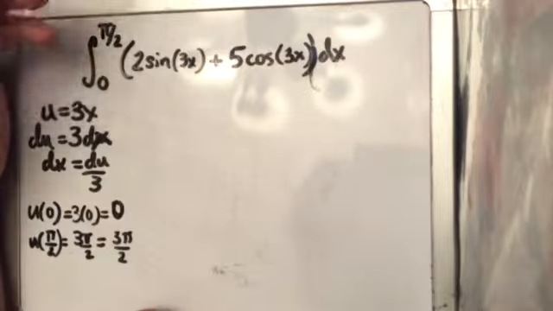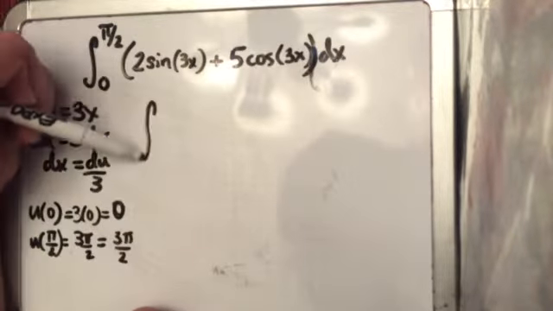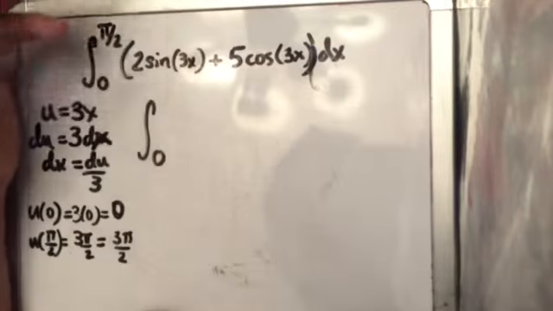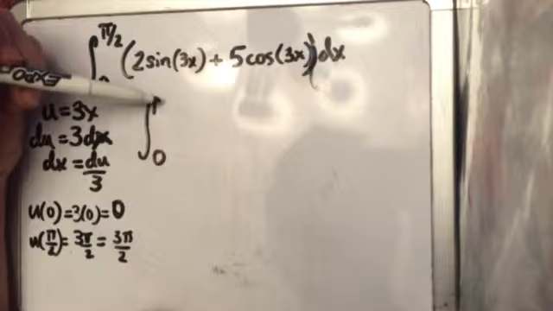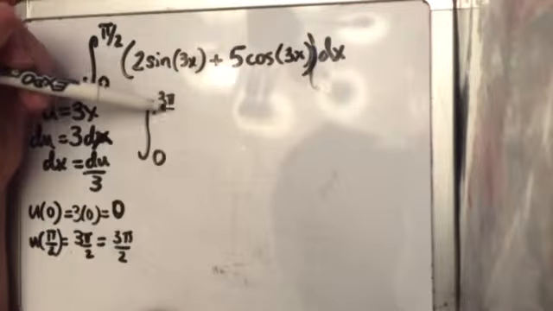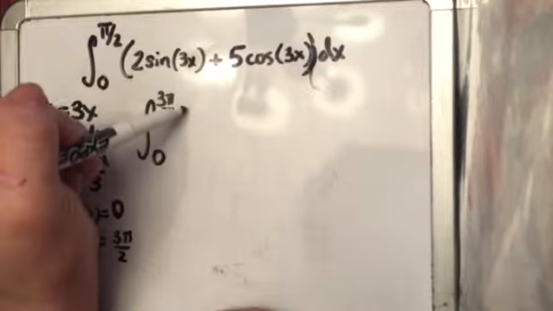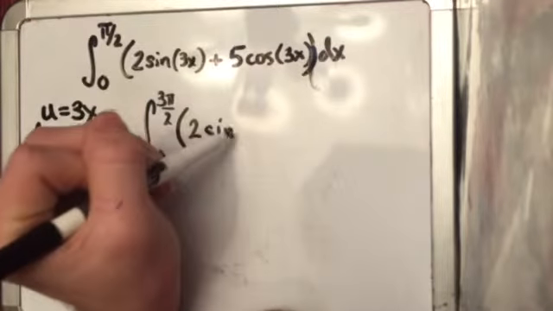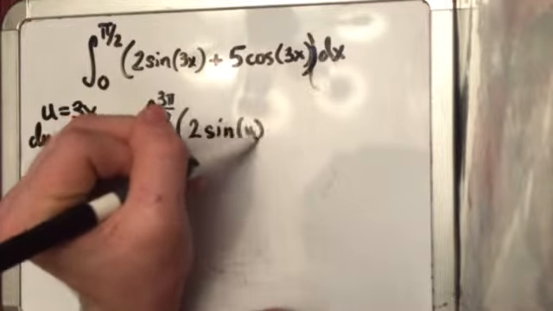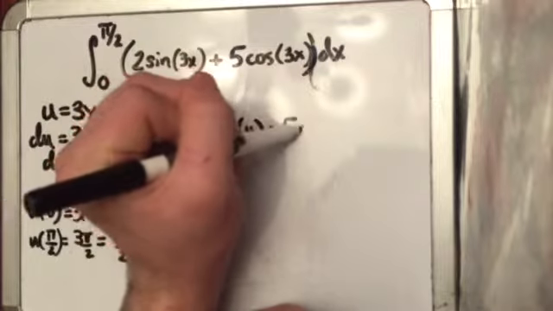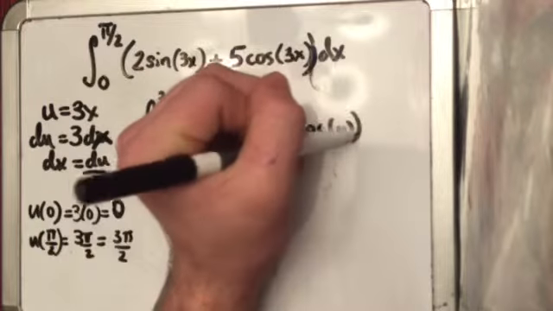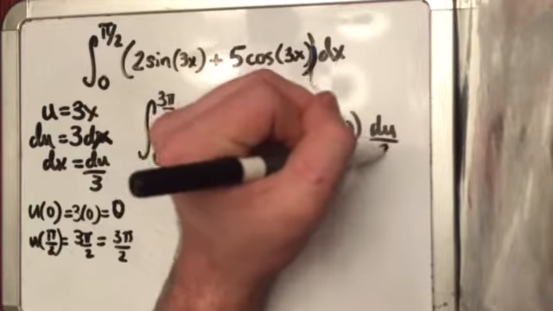So now we have to rewrite the whole definite integral in terms of u. So we have the definite integral from 0 to 3 pi over 2 of 2 sine u plus 5 cosine u, du over 3.